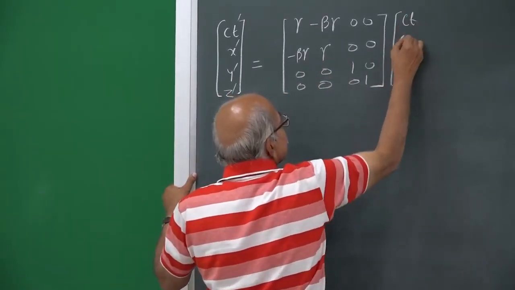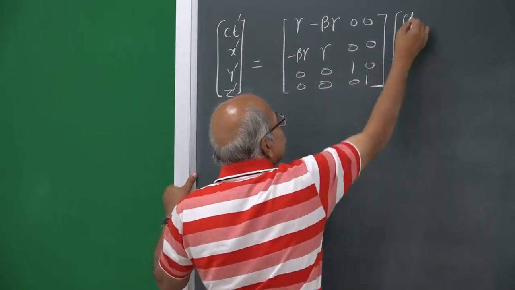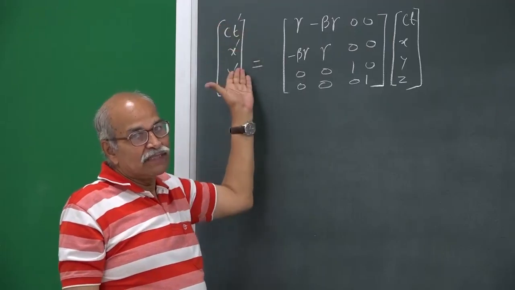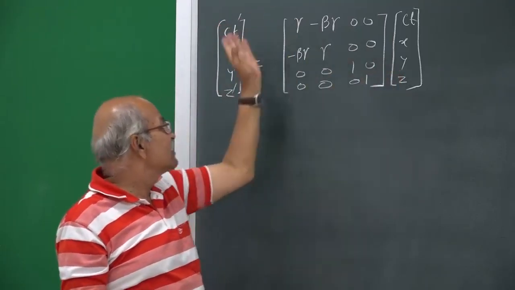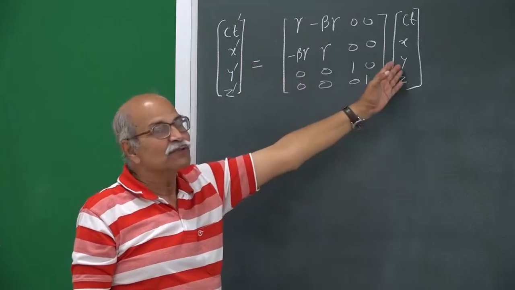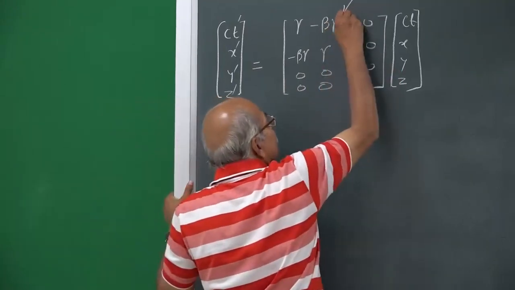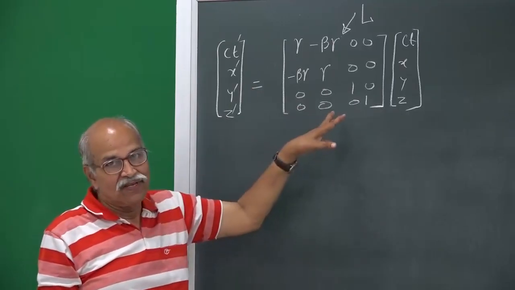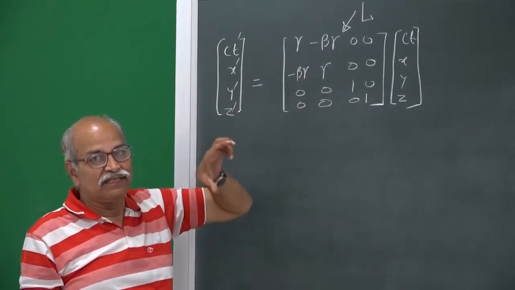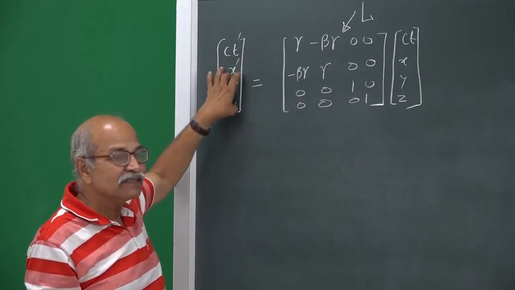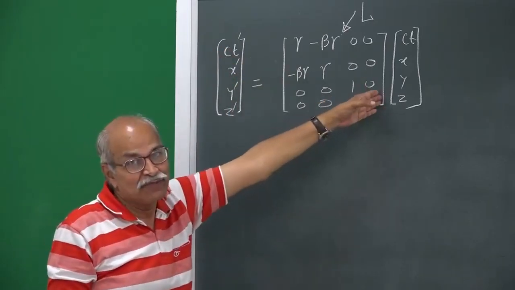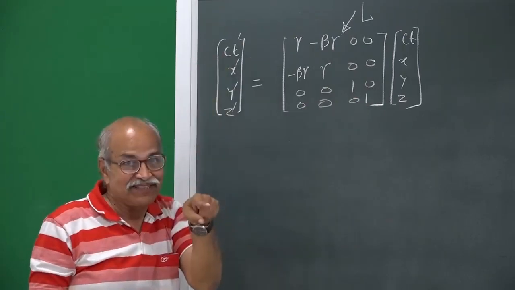So, Ct here, x here, y here, z here. This is a 4 vector, and all these 4 components in S frame and in S prime frame are connected through this. This is the Lorentz transformation matrix L. And any set of 4 components which transform according to this equation as you go from S to S prime is a 4 vector.